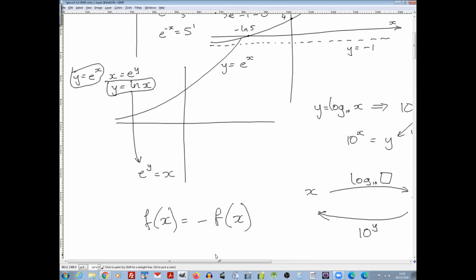Would it be in the y-axis? That's where you're going from any function to the same function of the negative value of x. So those are not the right reflection, but we are going to reflect. We want a reflection which captures the fact that we're swapping x and y.